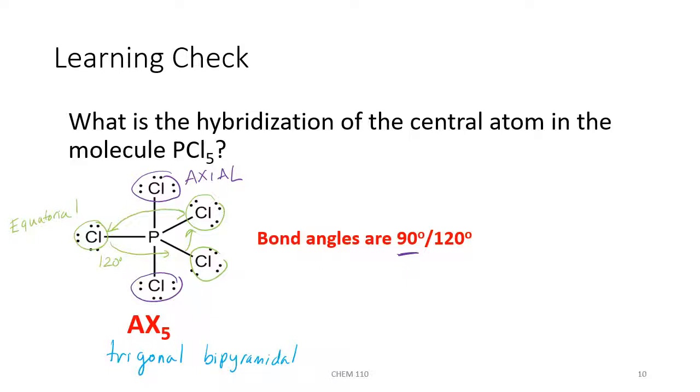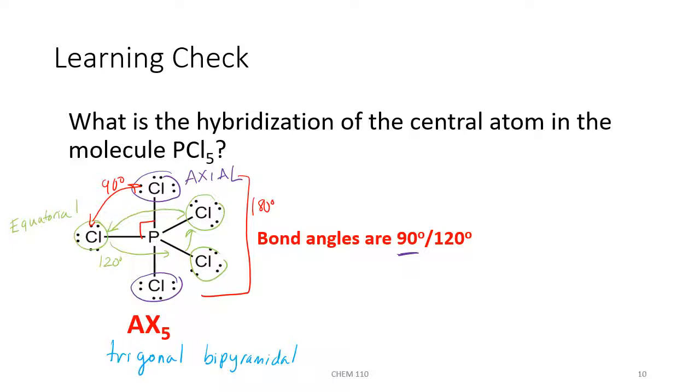But an axial position is sticking straight up from that trigonal planar. And so from any axial to equatorial, those are going to be 90 degrees apart. And technically, the 2 axial positions to one another are 180 degrees apart. But the bond angles are typically listed as 90, 120.